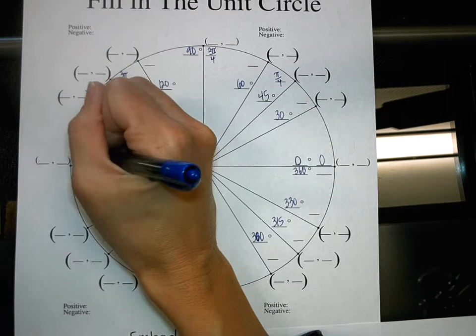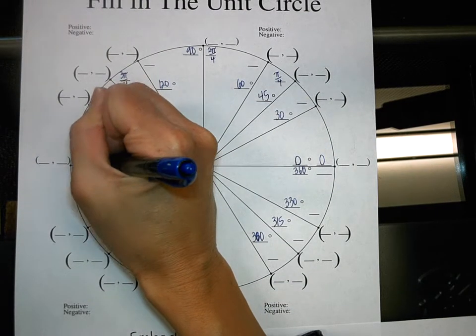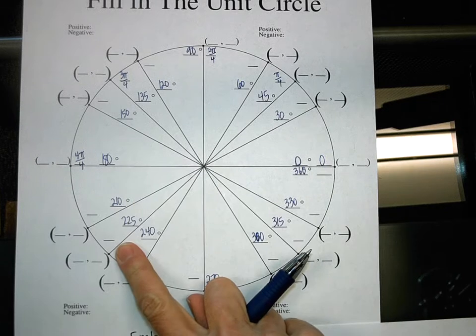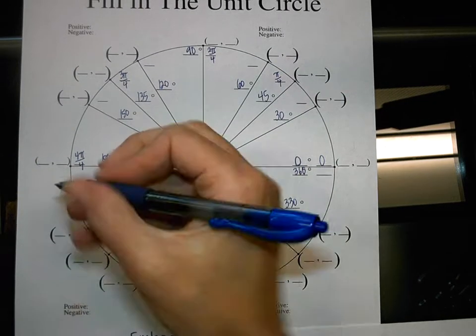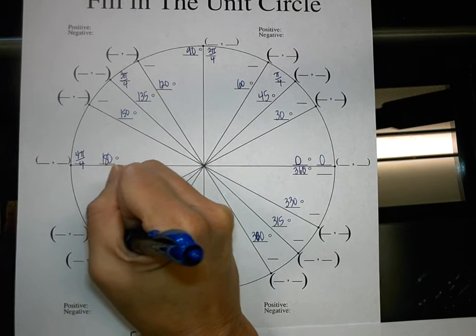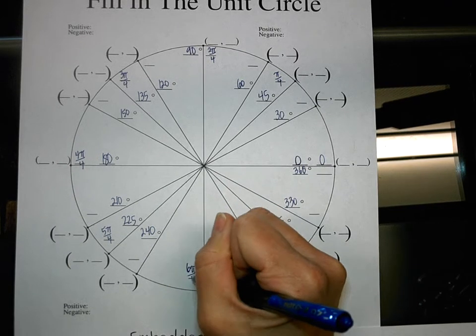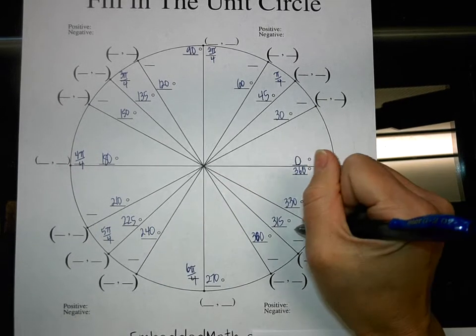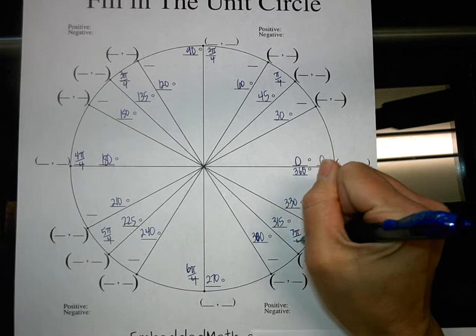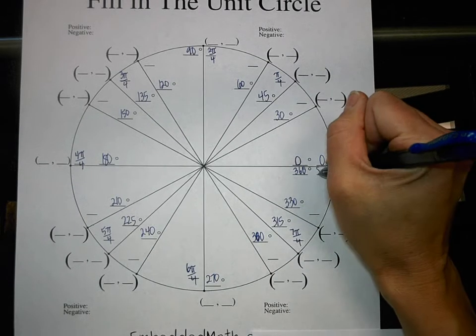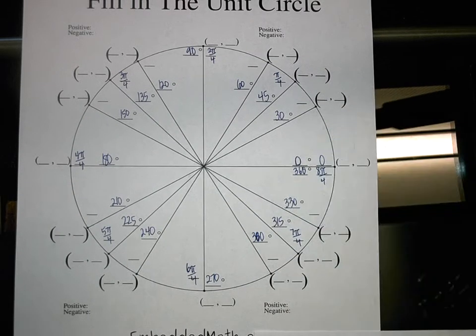Okay, at 180, it's 4 pi over 4. At 225, it's what? Good, 5 pi over 4. At 270, it's 6 pi over 4. At 315, it's 7 pi over 4, and at 360 it's 8 pi over 4. So we took care of all of our 45 degrees.